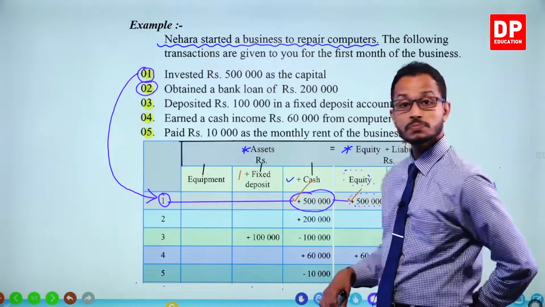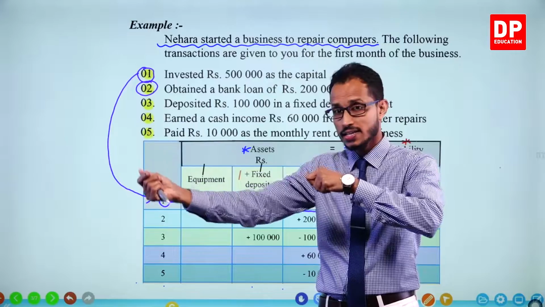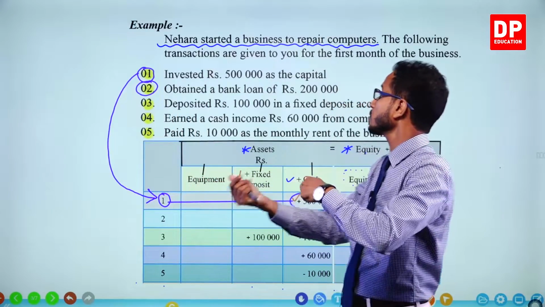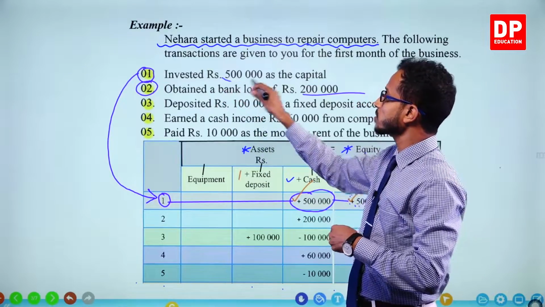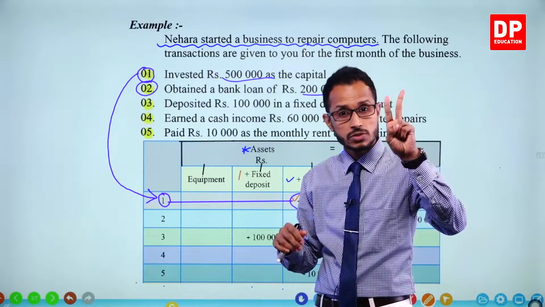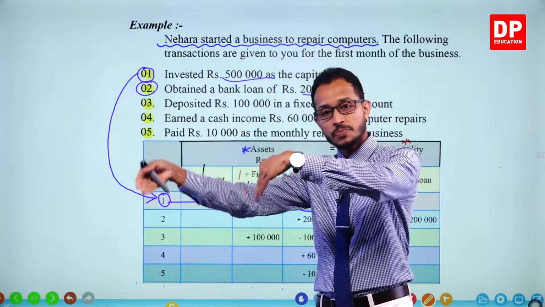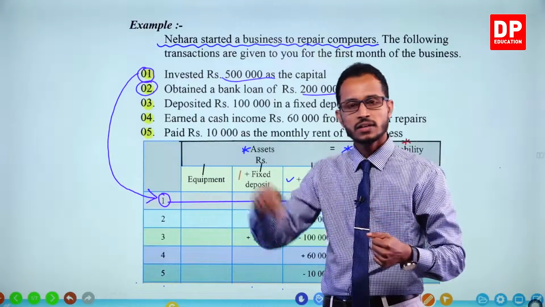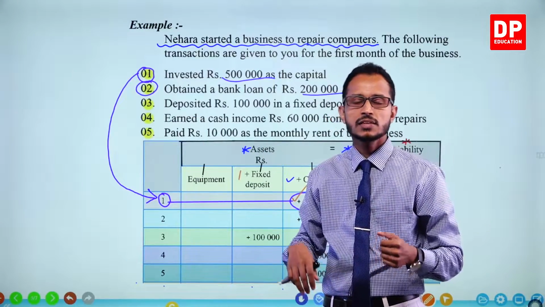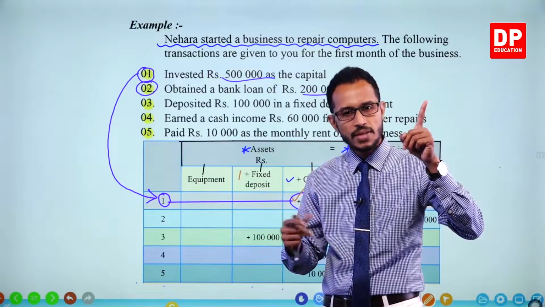Obtained a bank loan. We get money again, cash again, 200,000. Earlier it was 500,000. Now it is 200,000, but not from the owner. This time we are getting cash from a bank. It's a loan. It's not equity, it's a liability.